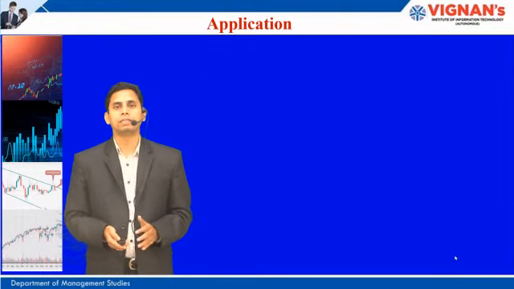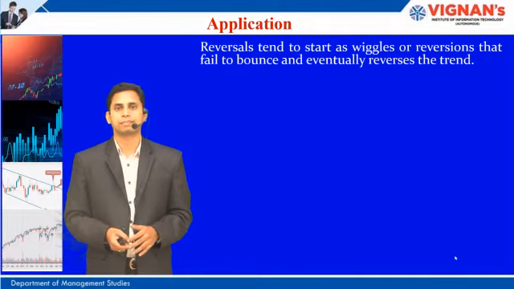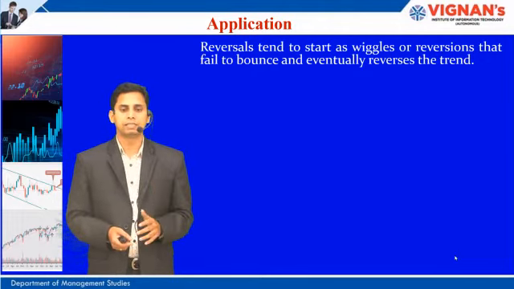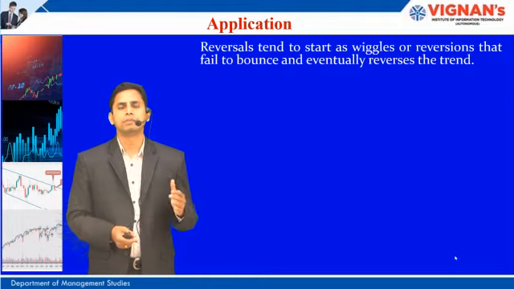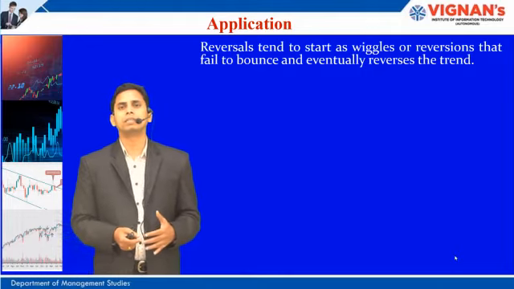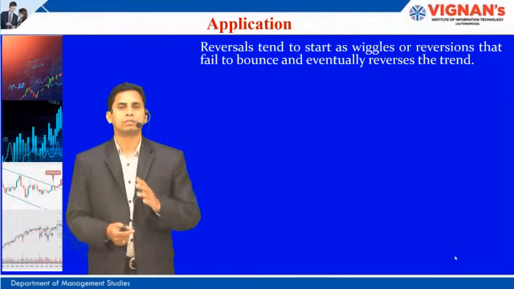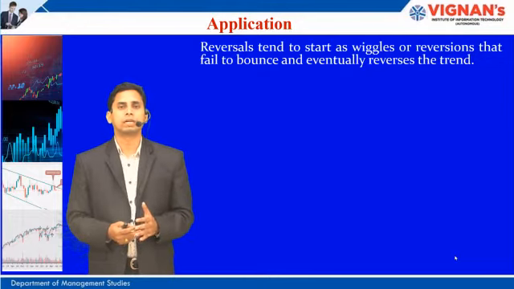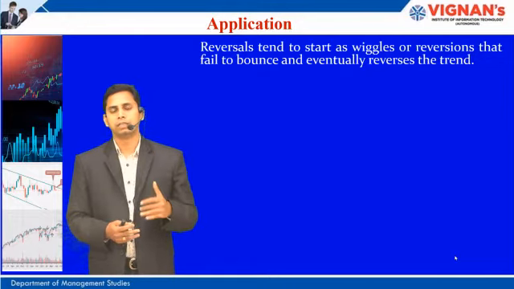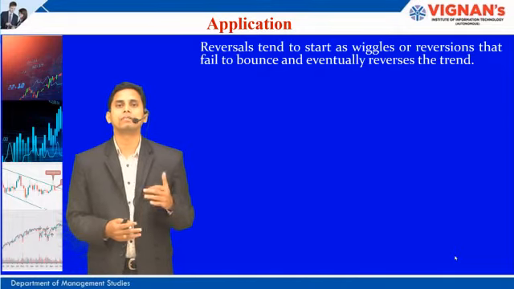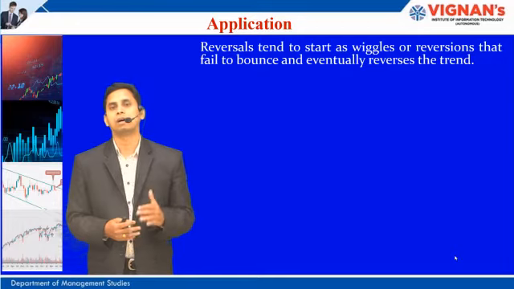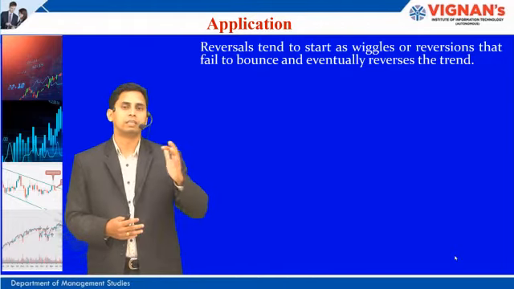Now how do we apply these trends and trend reversals? Reversals tend to start as wiggles or reversions that fail to bounce and eventually reverse the trend. When a trend starts, it may not continue like that forever. There is a specific period through which the trend will continue, and after that the trend will be stopped, paused, or reversed.